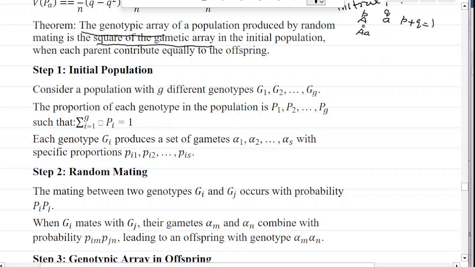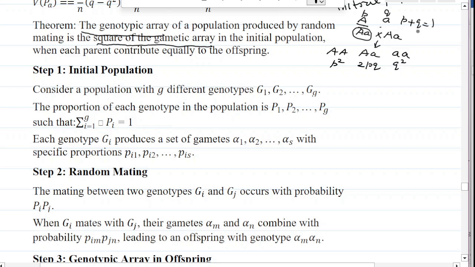Now from these two alleles we can get one type of individual, that is capital A small a. If the crossing of capital A small a is with the same individual, meaning selfing, then in the resulting population we will get capital A capital A, capital A small a, and small a small a, with their genotypic frequencies p square, 2pq, and q square.